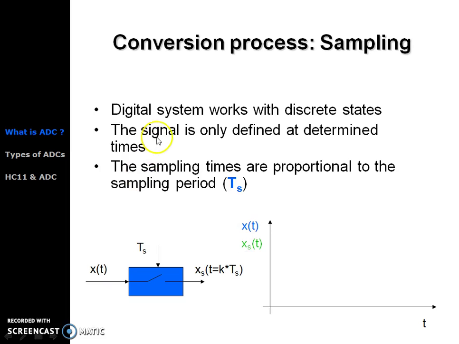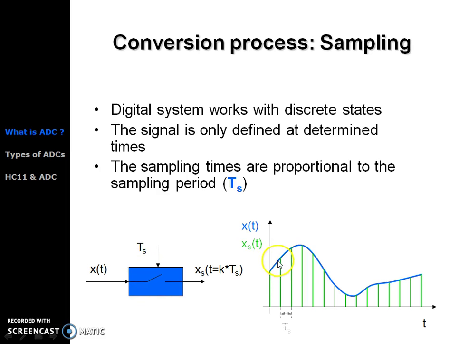In the conversion process, the first step is sampling. This is a sampler. The digital system works with discrete states. The signal is only defined at determined times, and we can obtain that particular signal by using this sampler.